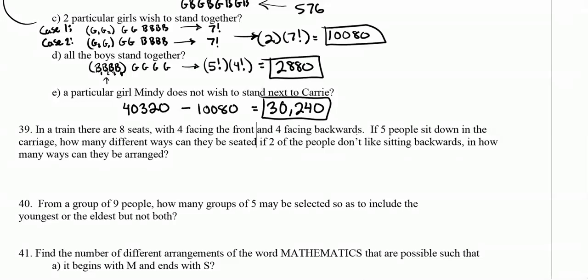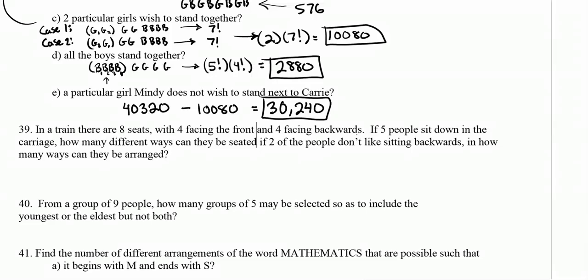In a train, there are 8 seats with 4 facing the front and 4 facing backwards. If 5 people sit down in the carriage, how many different ways can they be seated if 2 of the people don't like sitting backwards, and how many ways can they be arranged? So sorry for this, but the wording here is weird.